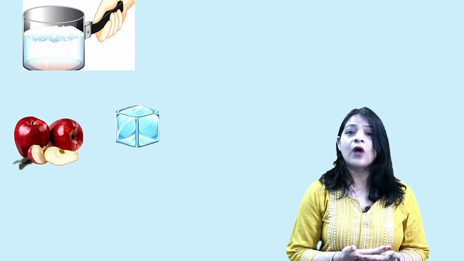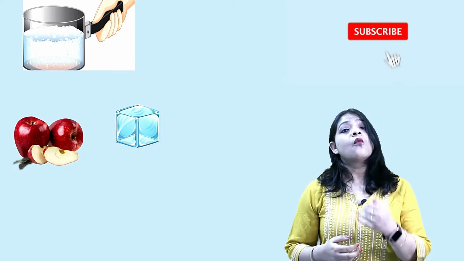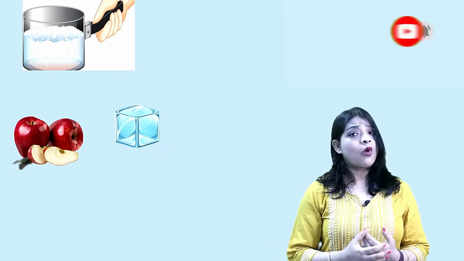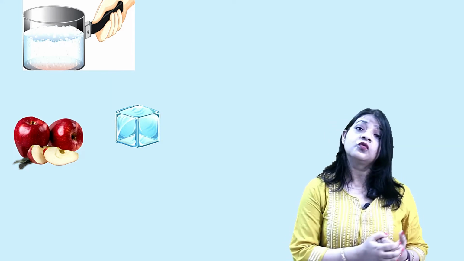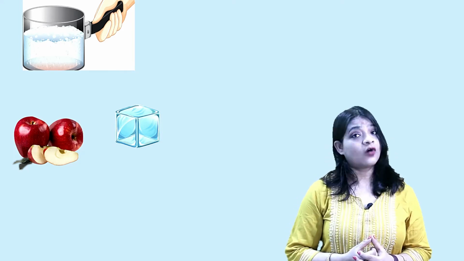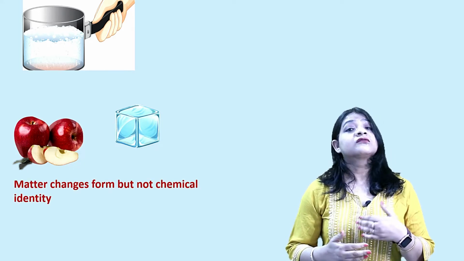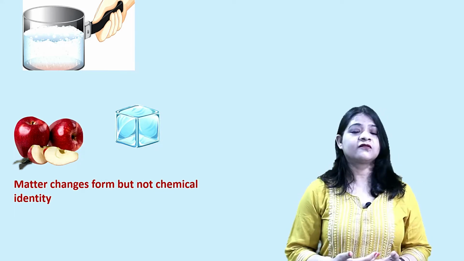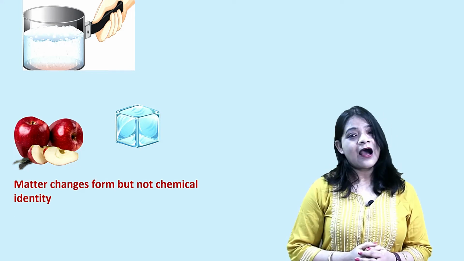Like if we consider water, when we heat water in a saucepan, the water in its liquid state gets converted into gaseous state, but the molecular formula of water, that is H2O, remains the same in liquid state as well as in the gaseous state or in the solid state. So any changes where the matter transforms or alters its form, but the chemical composition of the matter remains intact, are called physical change.